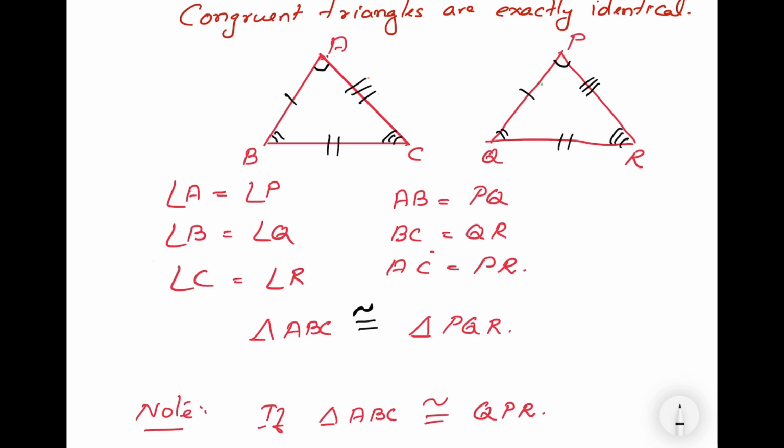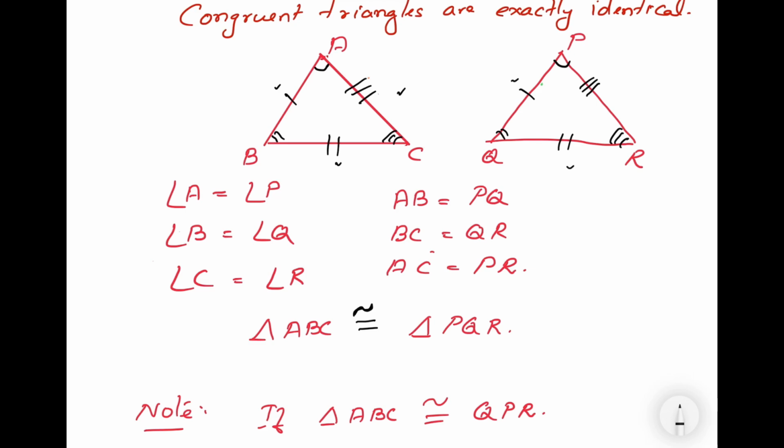Now when you are writing the congruence, you should be very clear about how you write this sequence. In the first triangle, you are taking A, B and C. What is corresponding to AB is PQ. Then we have taken BC, so corresponding to BC is QR.